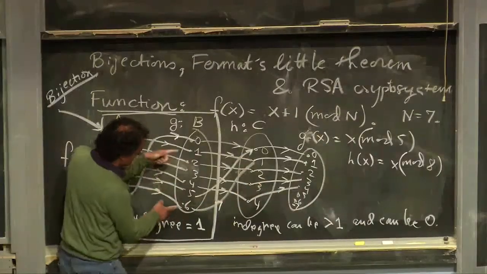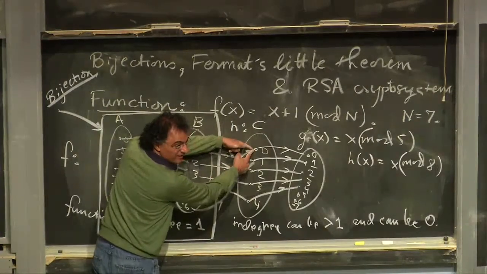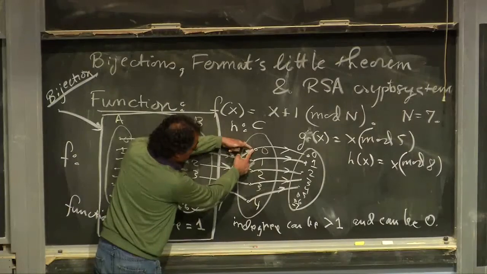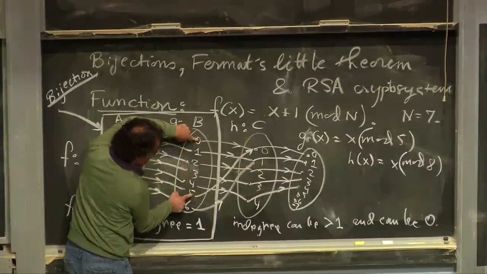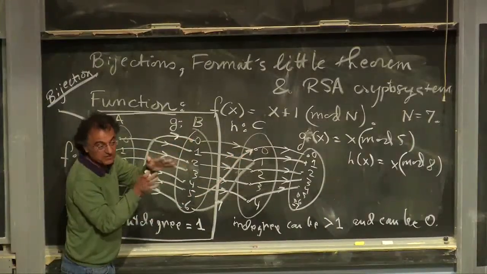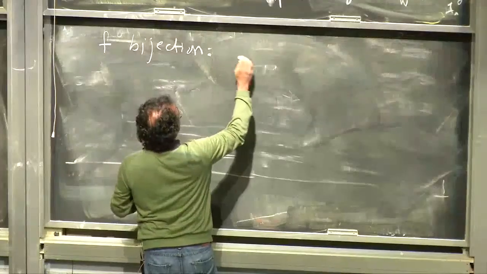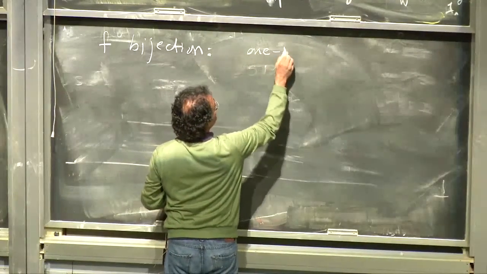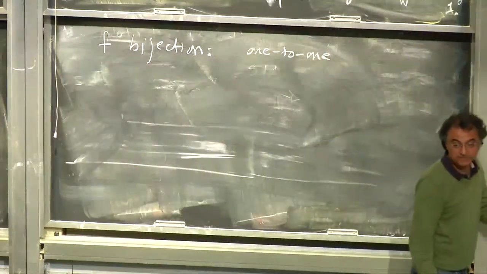Okay, so if f of x equal to f of y, like here, well, the only way that can be is if x equal to y. So here, f of 0 equal to f of 5, and so there's a collision. That's not a bijection, right? So we'll say bijection is 1 to 1, meaning no degree is bigger than 1.